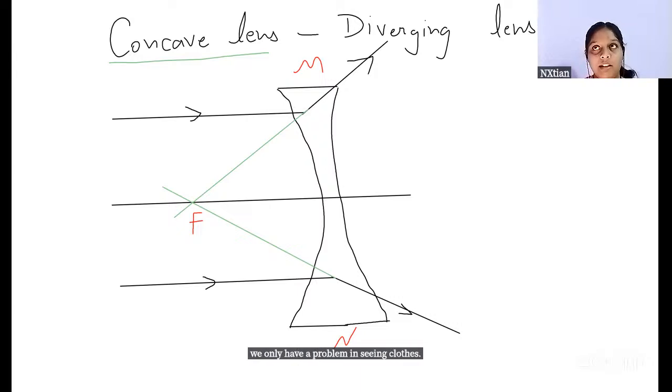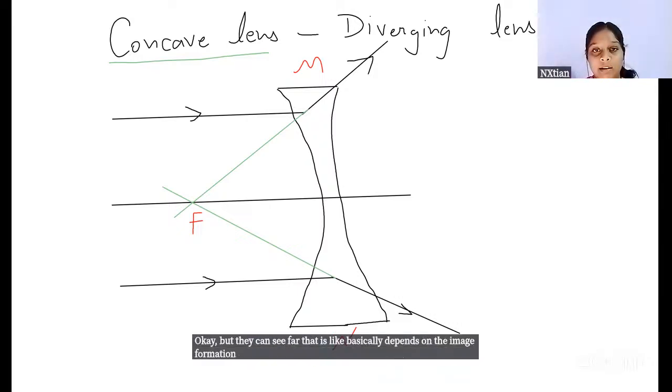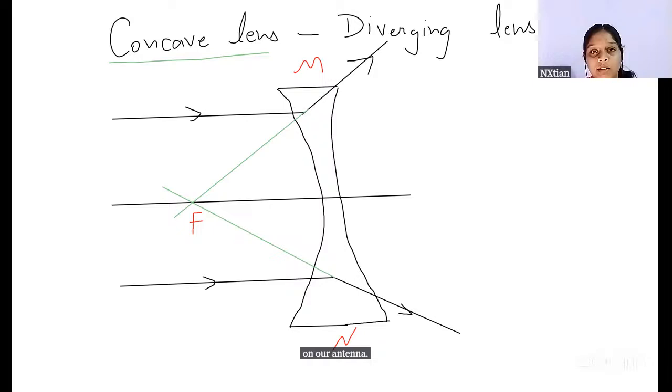That basically depends on the image formation on our retina. Sometimes the close images are not formed properly, but the far images can be formed. So to correct that, they are given a convex lens only, so they can see close images, but far images they can see without the glasses.